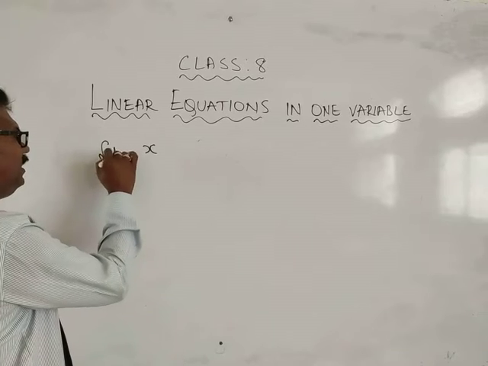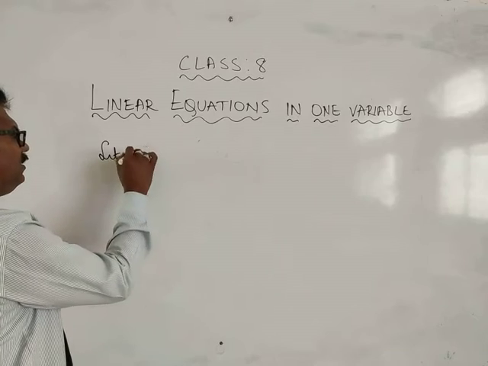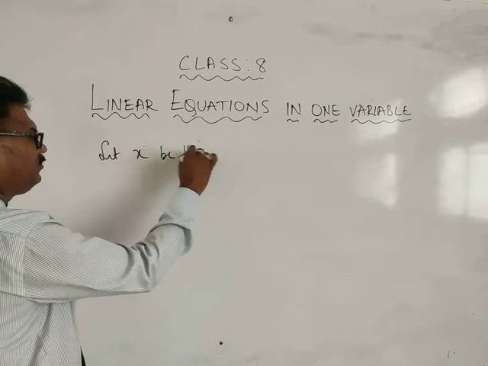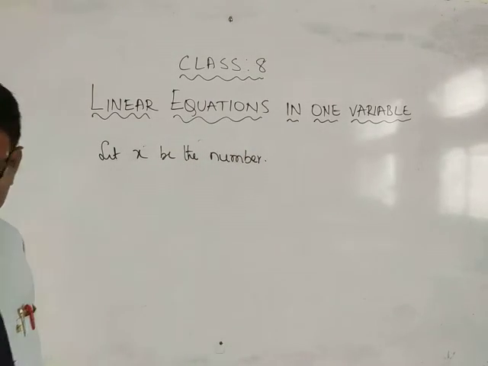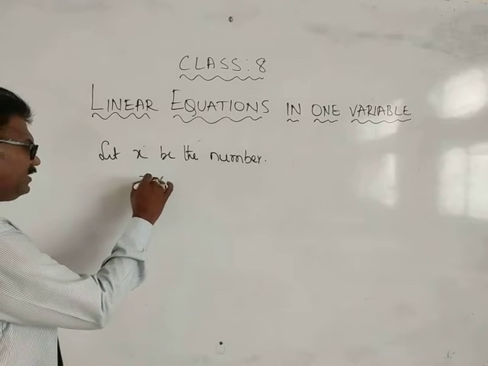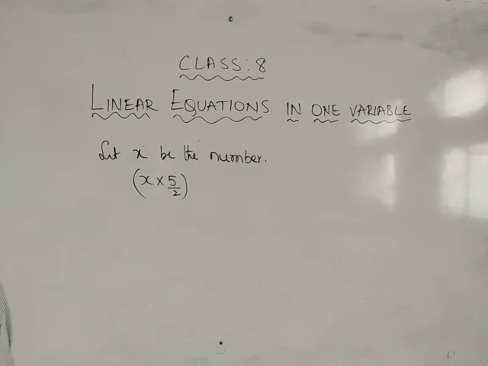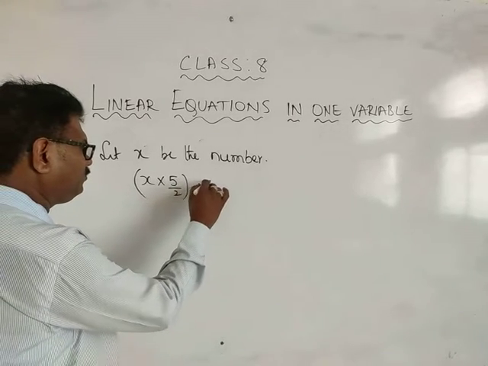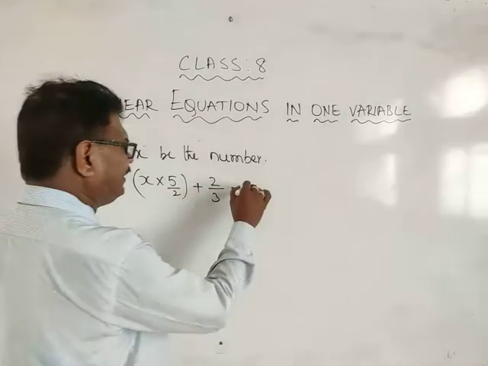Now you can take, let x be the number. Then, a rational number is such that when you multiply it by 5 by 2, x into 5 by 2, this total product is added to 2 by 3, we will get minus 7 by 12.